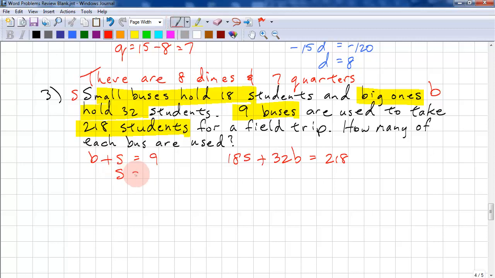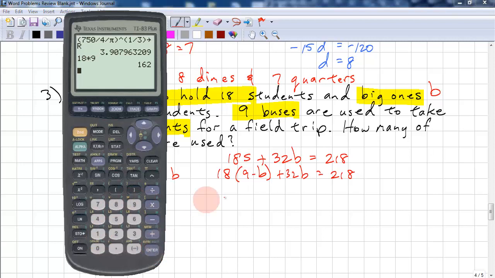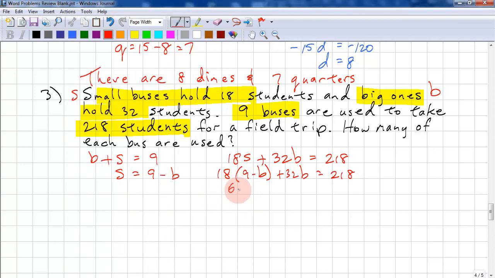Okay, let's go and calculate S. This is 9 minus B. So we have 18 times 9 minus B, plus 32B equals 218. 18 times 9, that's 162, minus 18B plus 32B equals 218. 32 minus 18, that's 14B. 218 minus 162 is 56.